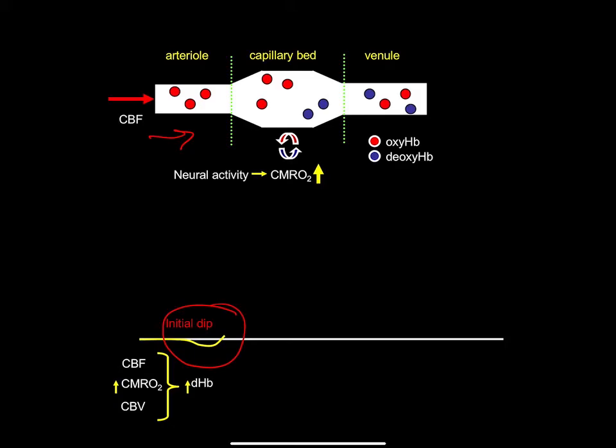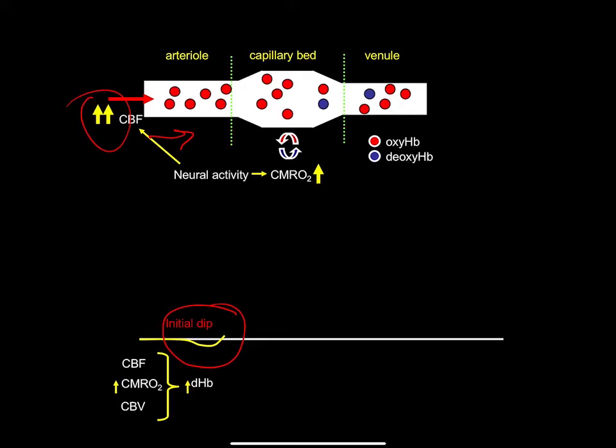It's very hard to see in other areas of the brain, but it is repeatable. Initially, metabolism increases first, which increases deoxyhemoglobin and makes the signal go down. But very quickly, the brain says, "Oh, I better give you more oxygen," so blood flow goes up by quite a bit. Deoxyhemoglobin level goes down, and therefore you get this big increase in the BOLD signal.